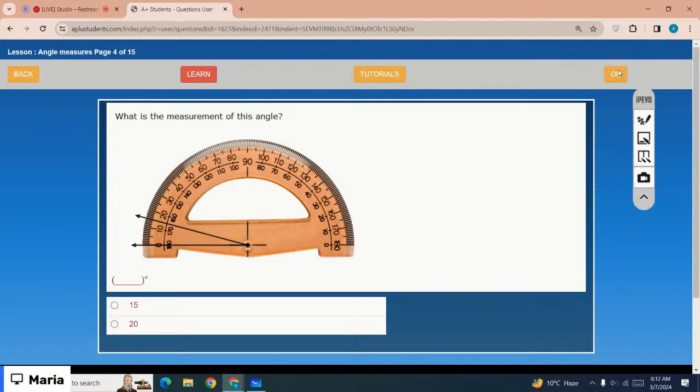Yes, the correct option is 15. The correct option is 15 degrees.